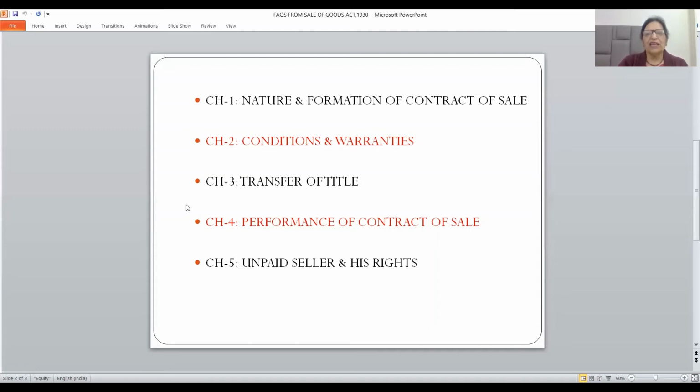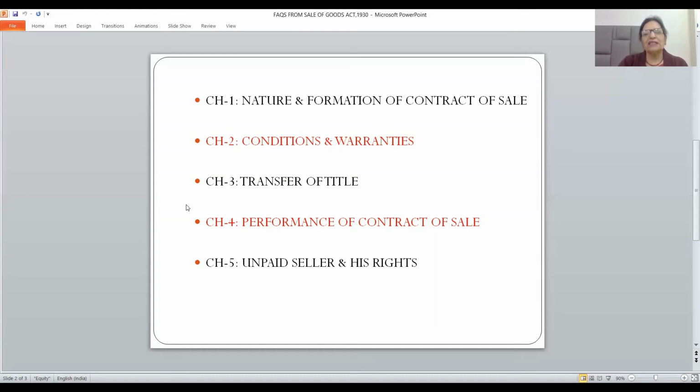Caveat is caution, and emptor is buyer. Let the buyer beware. As per section 16, the buyer must be very careful, but there are certain exceptional cases where this rule is not applicable, that is, the buyer can hold the seller responsible for the loss.